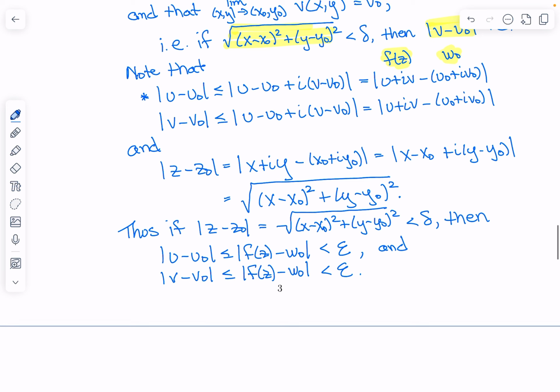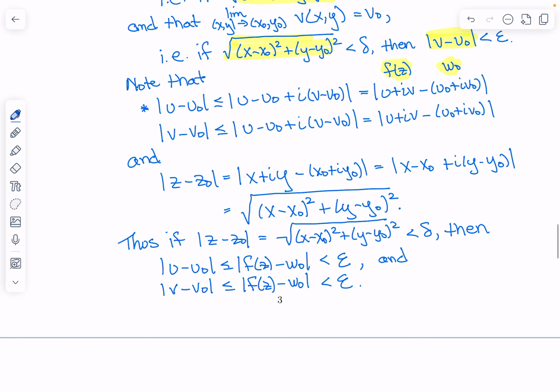So in essence, what I'm saying is that if z is close to z0, say less than delta, we can show that u is close enough to u0, less than epsilon, and v is close to v0, again, less than epsilon.